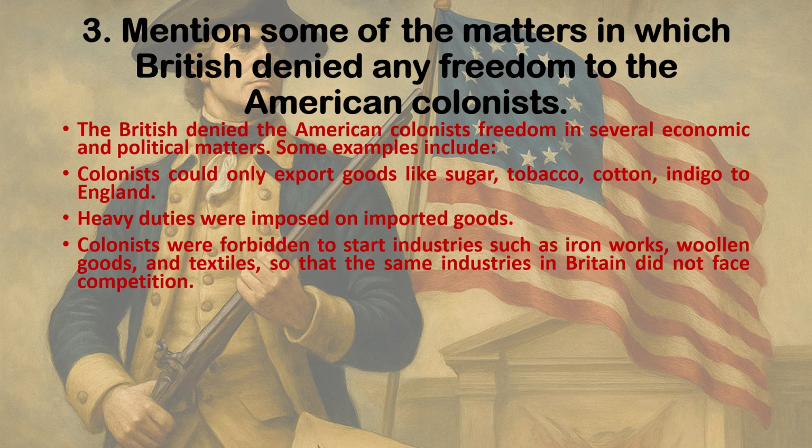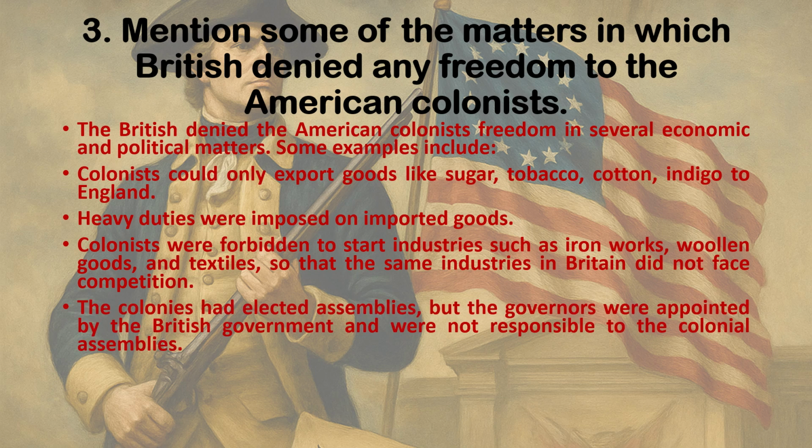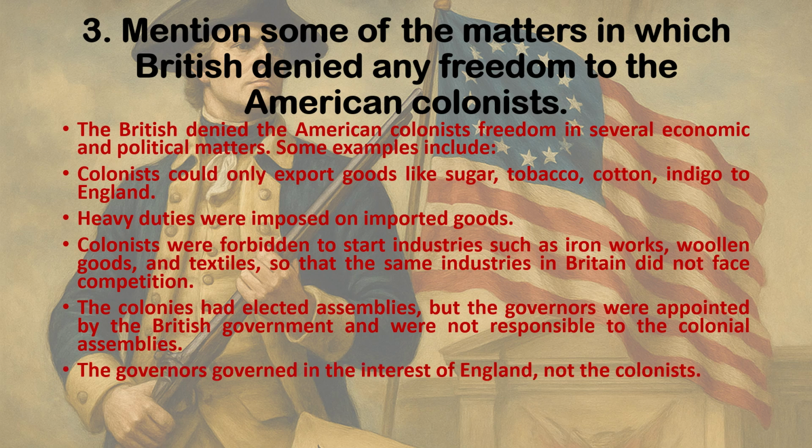Colonists were forbidden to start industries such as iron works, woolen goods, and textiles, so that the same industries in Britain did not face competition. The colonists had elected assemblies, but the governors were appointed by the British government and were not responsible to the colonial assemblies. The governors governed in the interest of England, not the colonists.